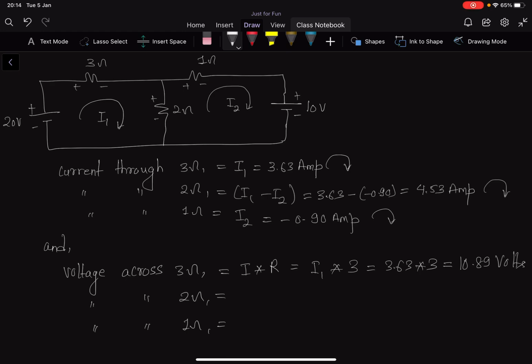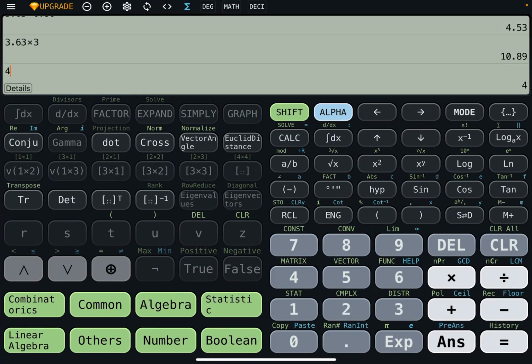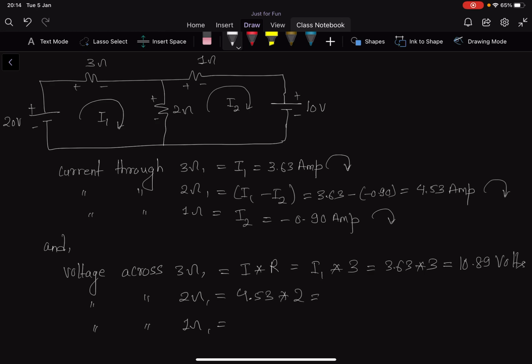And then for the 2 ohm resistor, the effective current we have already calculated is 4.53, times the resistor, which is 2 ohm. So we're going to get 4.53 times 2 ohm, which is 9.06 volts.